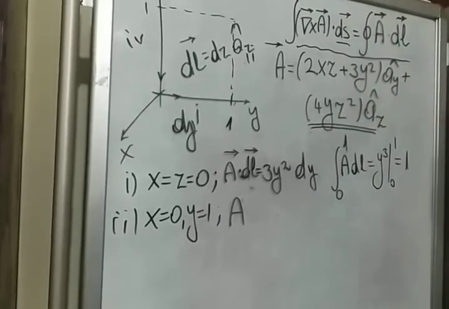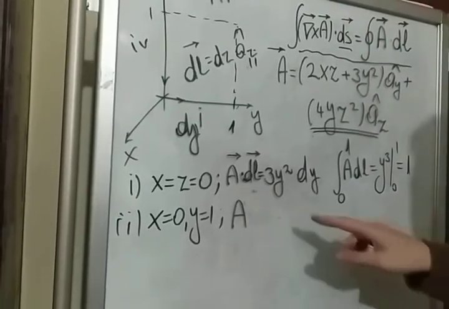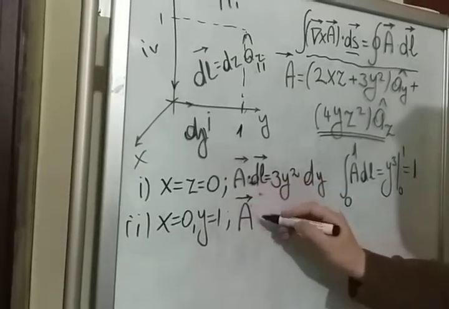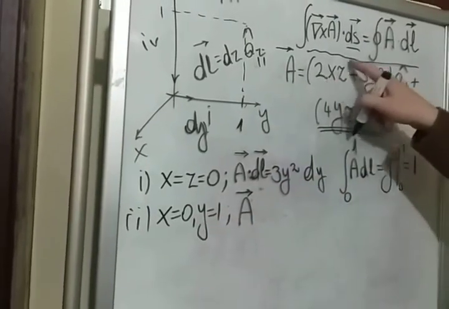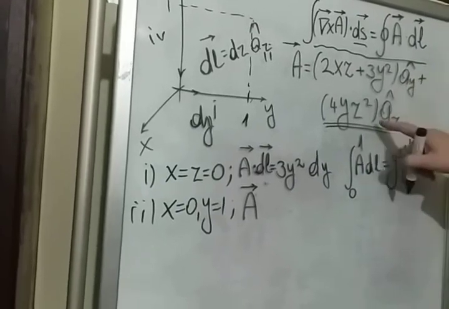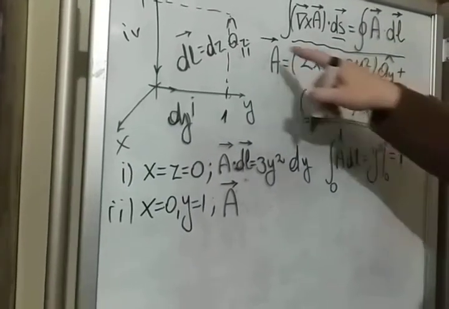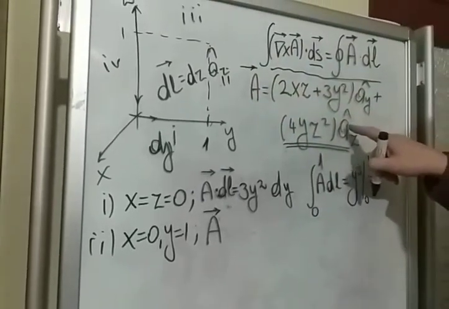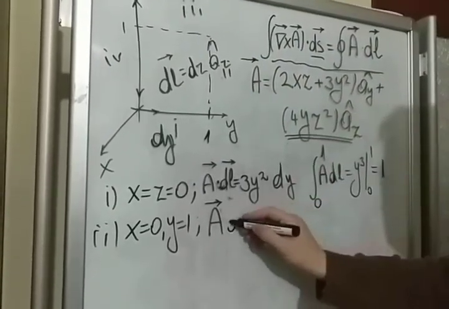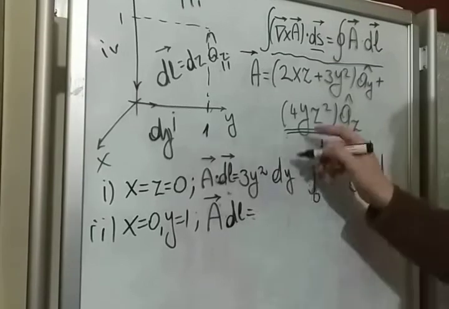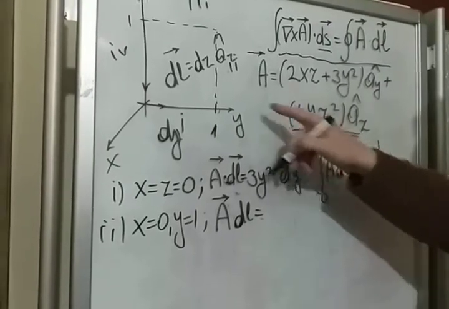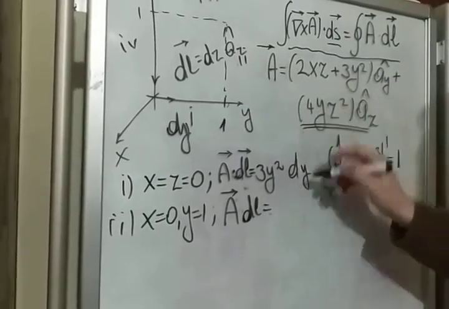So let's see what we have during this path. A dot dl: x was 0, which means this term is gone, and this other term will be gone because when we take the dot product of ay with this, it will be null. So here we just get the remaining term. This will be 4 times y, which is 1, times z squared.